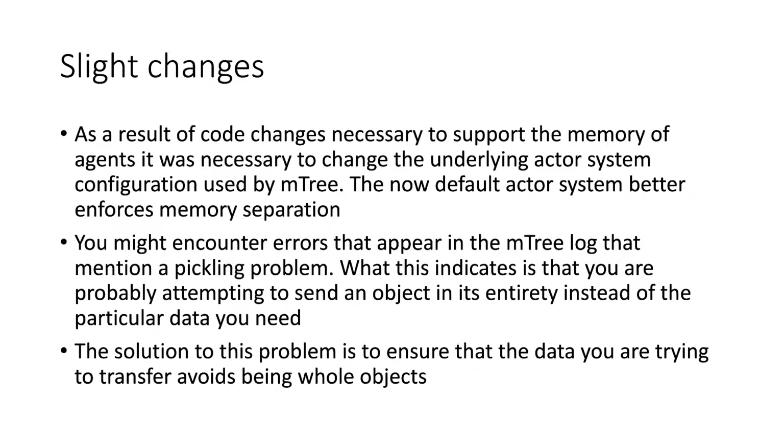It probably won't affect many of you. It's just a possibility. The other thing now will be that you need to ensure that when you're sending data between actors, it has to be pickleable. So if you've been sending raw Python objects, there are some instances where you will now get an error as a result of trying to send the object because the object can't be serialized.